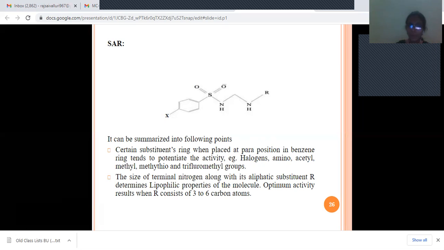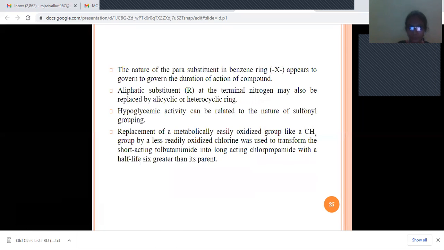The optimum activity results from 3 to 6 carbon atoms. The nature of the para substitution in the benzene ring appears to govern the duration of action. The aliphatic substitution at the terminal nitrogen may also be replaced by a heterocyclic ring, and hypoglycemic activity can be related to the sulfonyl grouping.